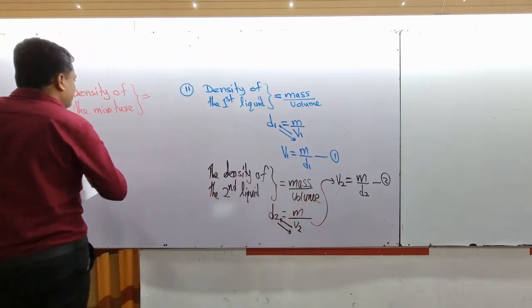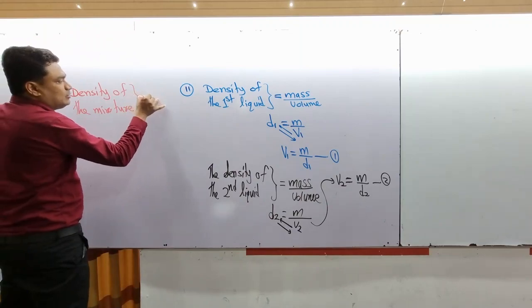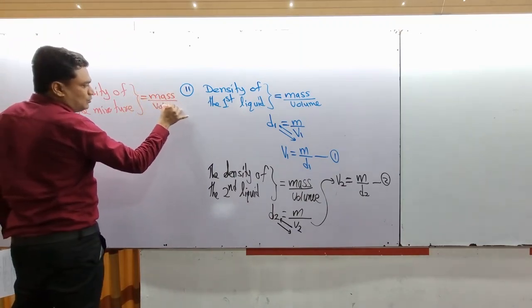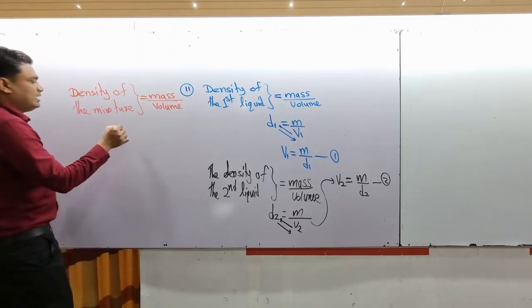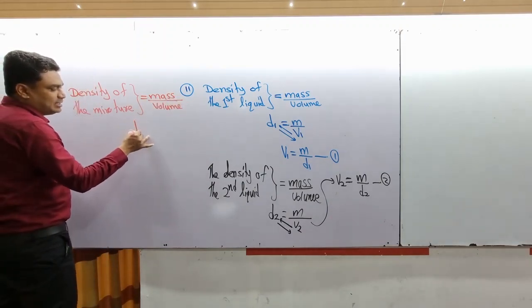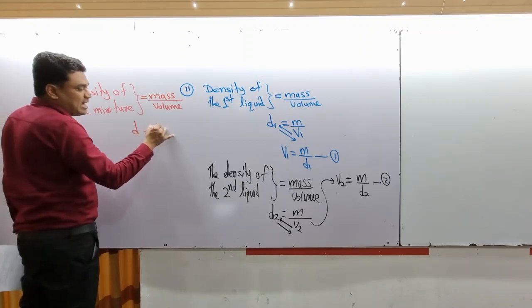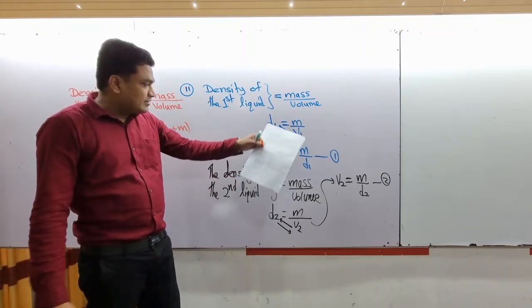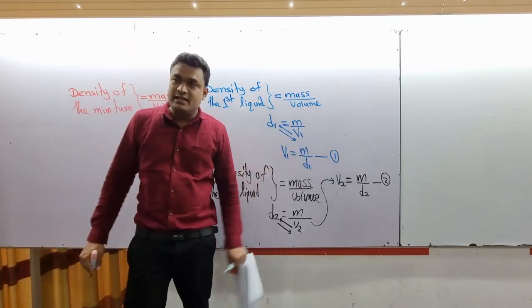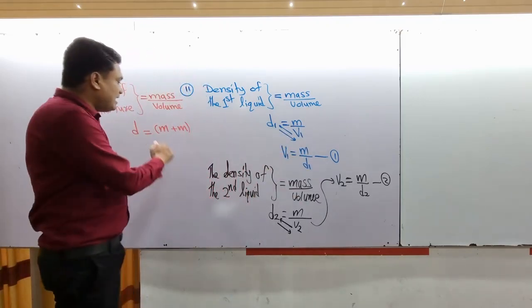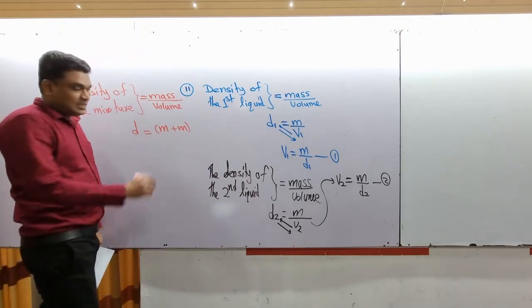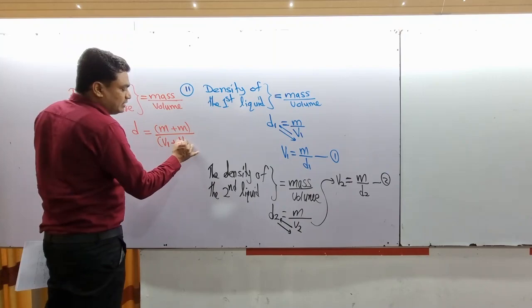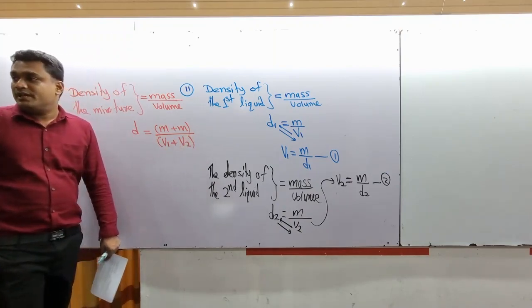So as I am doing a paper discussion, I write them all. I explain you, right? So again, this is equal to mass over volume. So density of the mixture is simple D. This is what we want to find. Mass of the first liquid simple M, mass of the second liquid simple M. Therefore the total mass is M plus M. The total volume means volume of the first liquid plus volume of the second liquid.